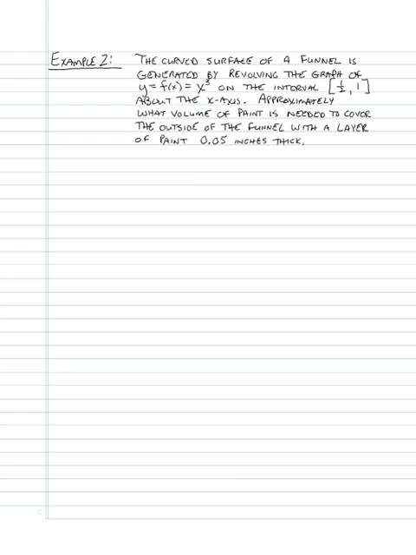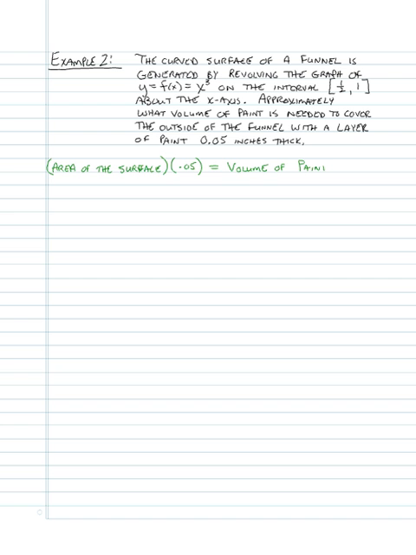Well, I guess the first thing to recognize is if we knew the area of the surface, and over that area we want the paint to be 0.05 inches thick, then that's going to be the volume of the paint needed.